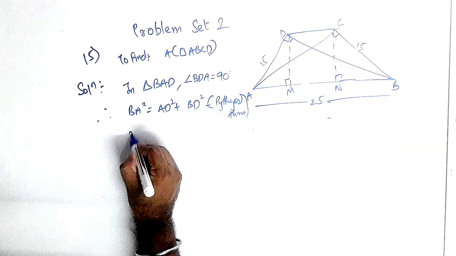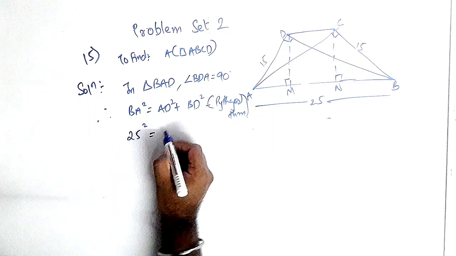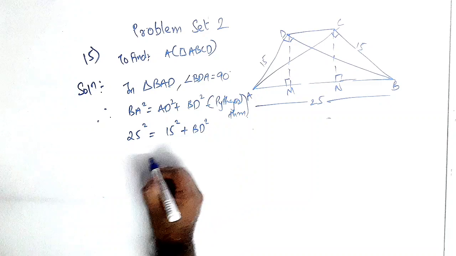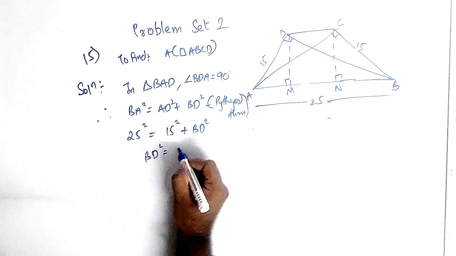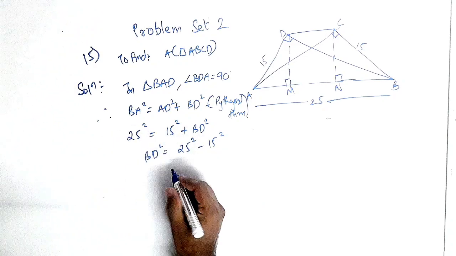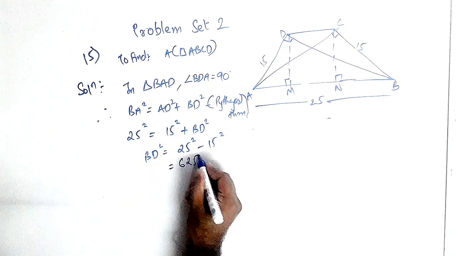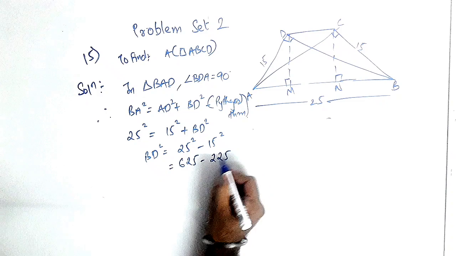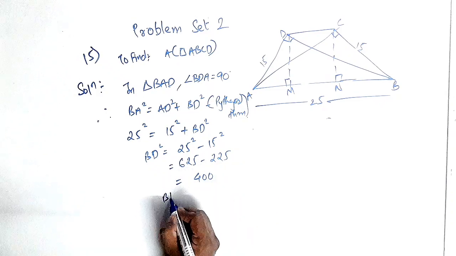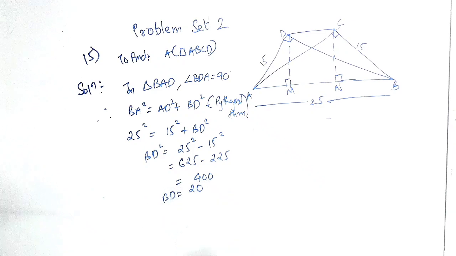Now BA square is 25 square, AD is 15 square, BD square we don't know. BD square is equal to 25 square minus 15 square. So this becomes 625 minus 225. What is 625 minus 225? It is 400. So BD will become 20. Okay, we got BD as 20.